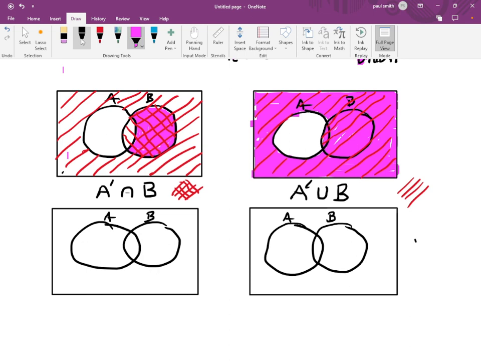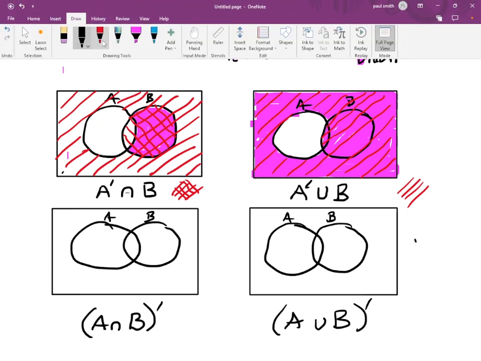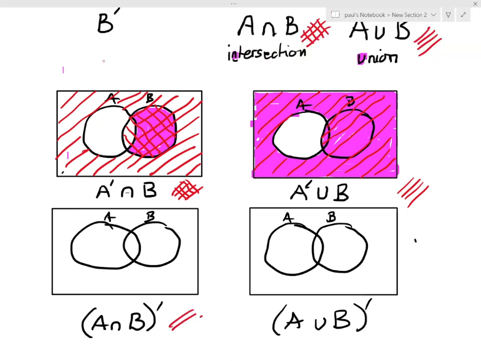So now we'll do the final one, which can be written as this: A intersection B-not. And this one is A union B-not. So intersections, we do the crisscross, and unions we just do this.